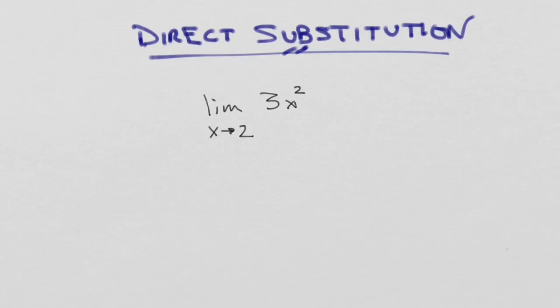So looking back at the last example, when I asked you to find the limit as x approaches 2 of the function 3x squared, here's what we do. We ask ourselves, is this function continuous at this point?